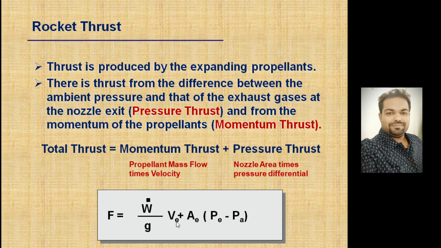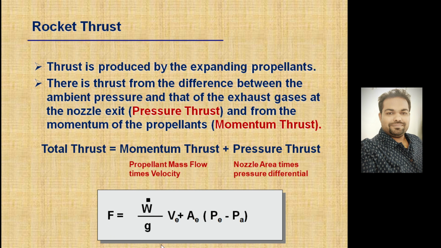So this jet velocity is considered an important parameter for the jet thrust, plus the area at exit times the pressure at exit minus the atmospheric pressure. Outside, what is the pressure, and what is the pressure by which your gases are coming out? The difference of this times the area will give the pressure thrust. So the combination of these two will give you the total thrust.